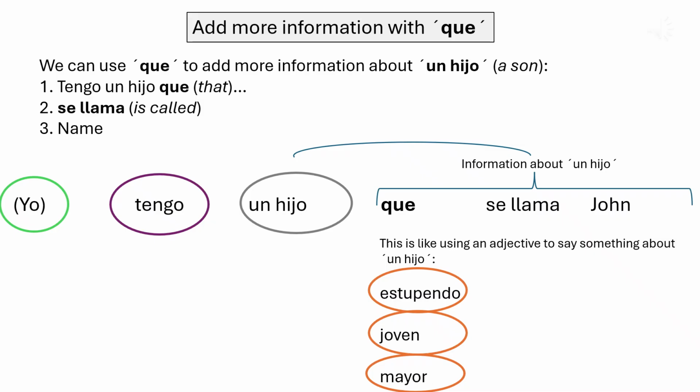Yo tengo un hijo estupendo. Yo tengo un hijo joven, a young son. Yo tengo un hijo mayor, who is old or older. But instead of just one word, we've got a whole sentence, que se llama John, but it's still the idea of an adjective or a sentence or some information about un hijo.